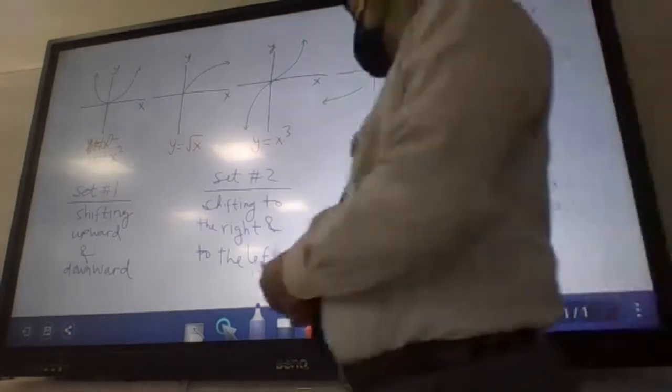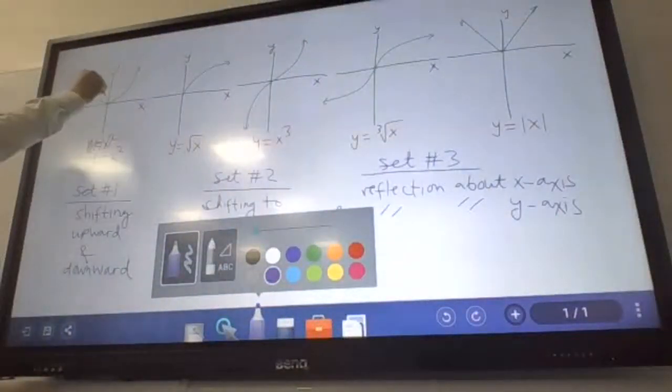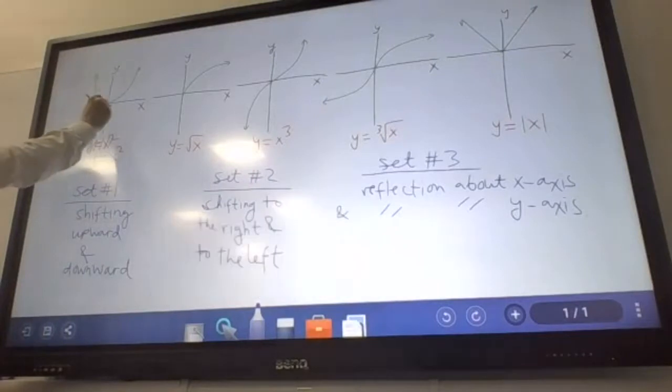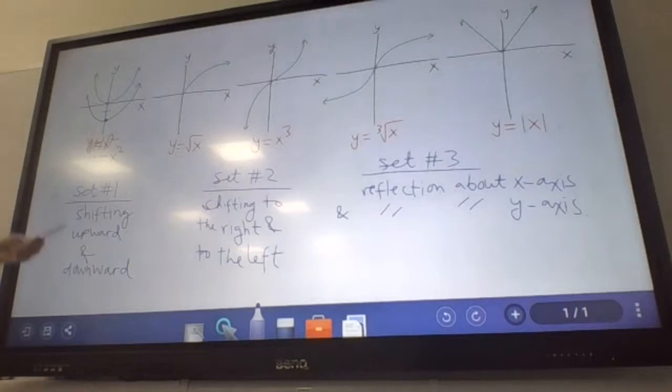So for example, I know the rule of this graph. But what about the rule of this? Shifting upward and downward. I call this the parent function, right? So we have to apply the first set.